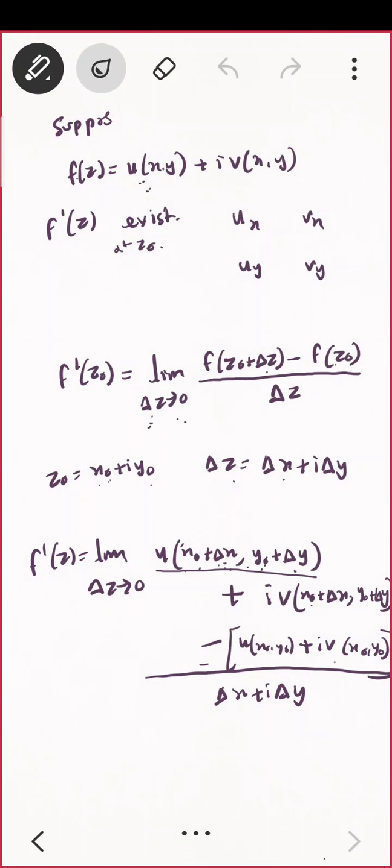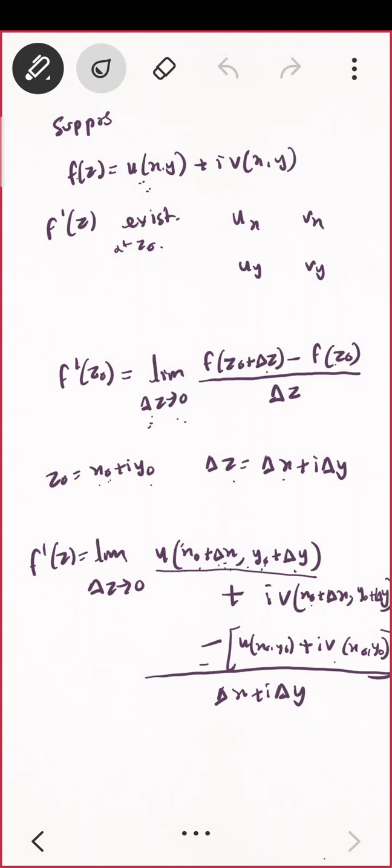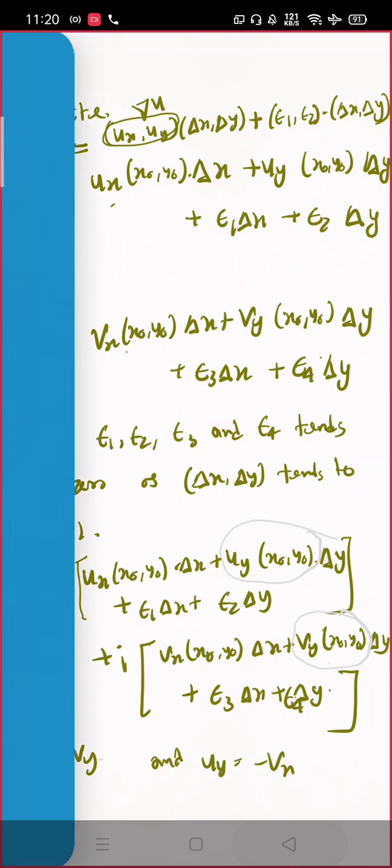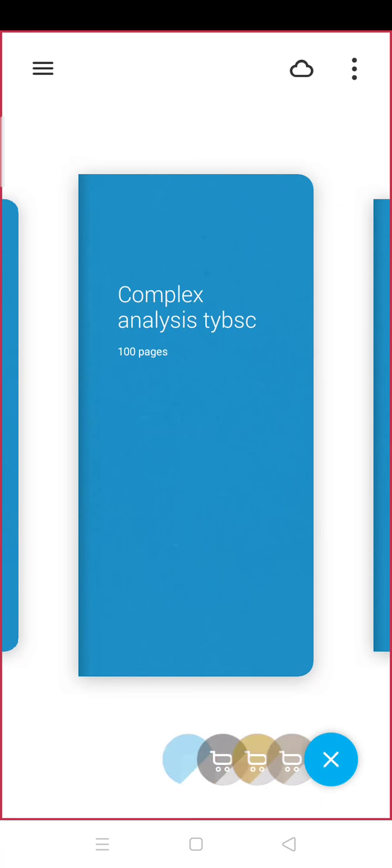Let us write the consideration part. No, actually I'm done with this page. I need to go back to, yeah.